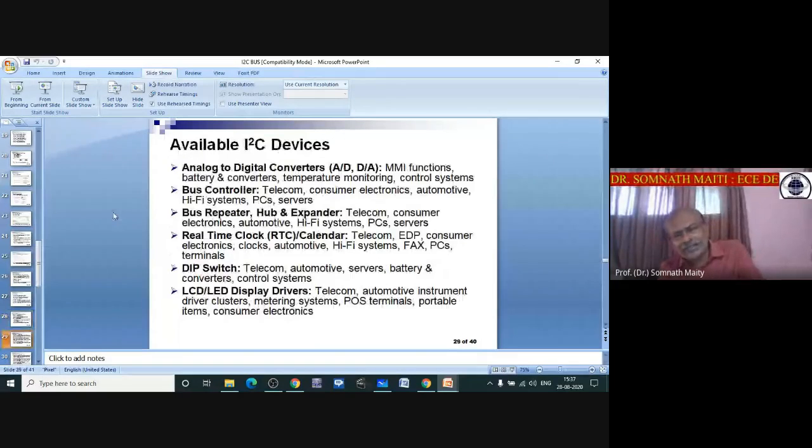So what are the devices? Analog to digital converter, bus controller, bus repeater, real-time clock, DIP switch, LCD, LED displays. These devices can be used to connect with a microcontroller through the I2C bus.